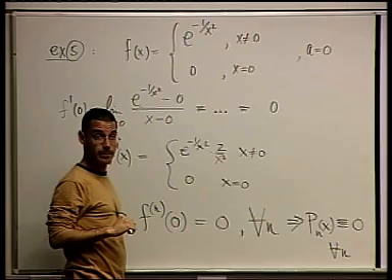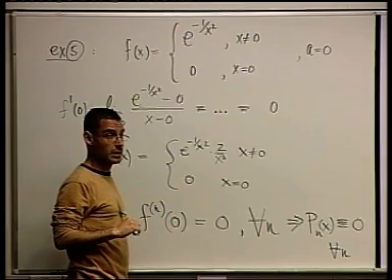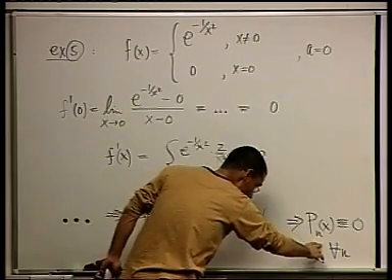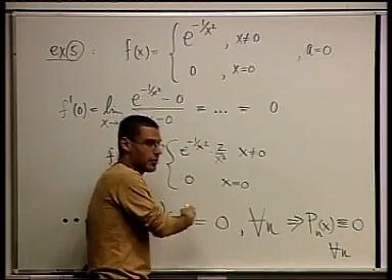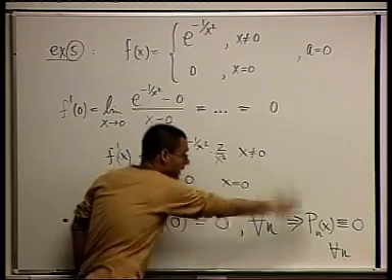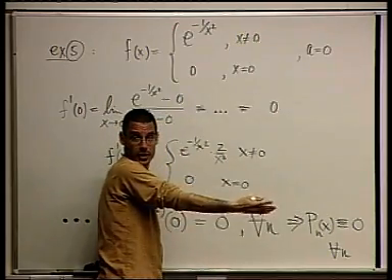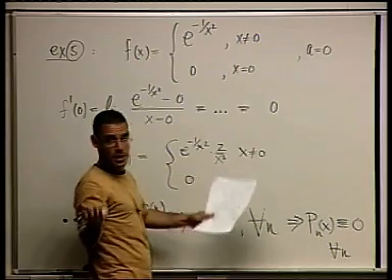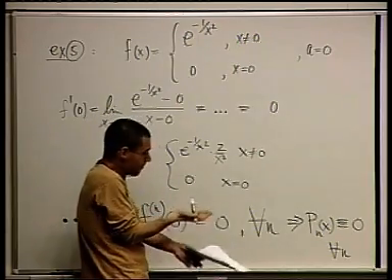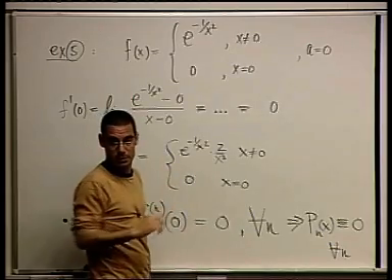Do you agree? Does everybody see that? So the approximation is always 0. So the error, if I want to write f of x equals Pn of x plus r of x, is going to be everything. The error is everything. The approximation is just always 0.